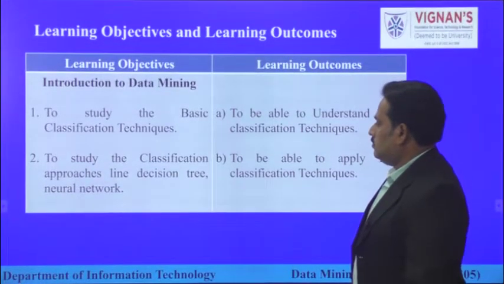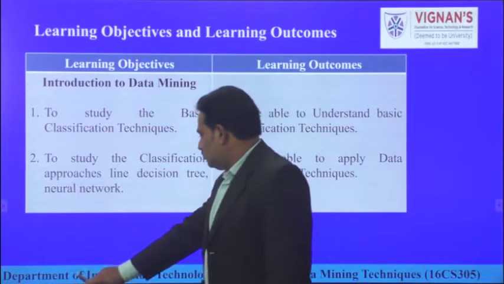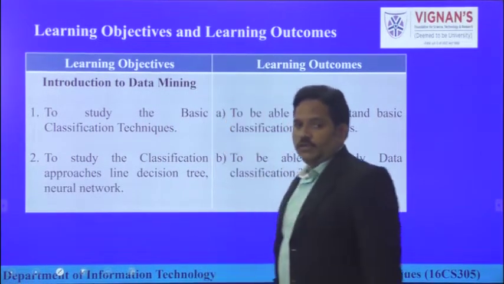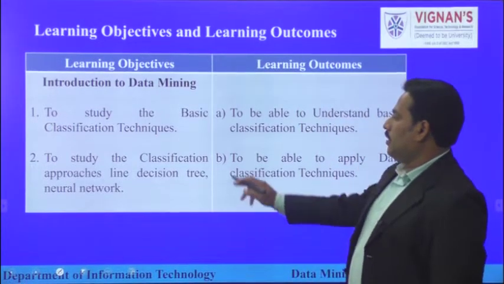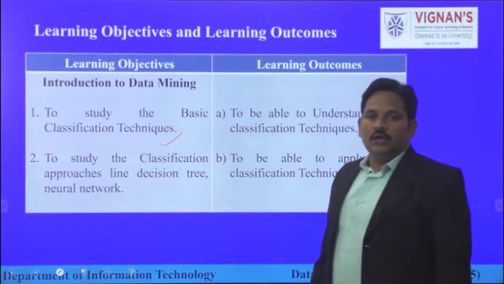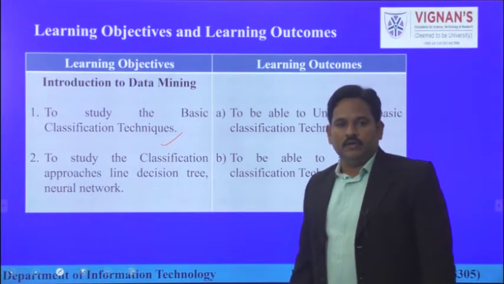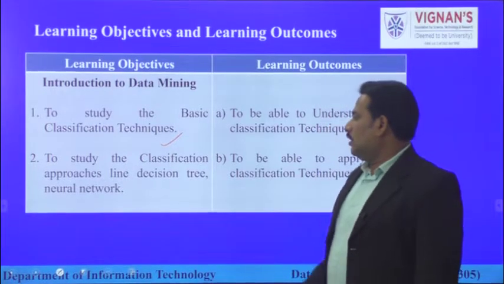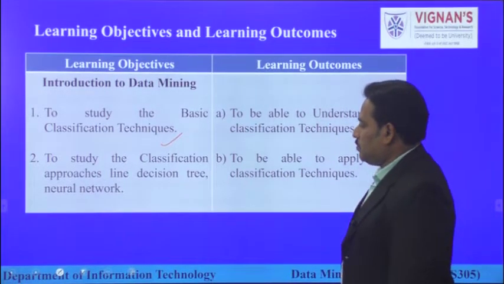So in this digital content, the learning objectives and learning outcomes are that we are going to study the basic classification techniques. That means how a classification is going to be implemented, how the data modeling is going to be completed, and what the various classification techniques available are.